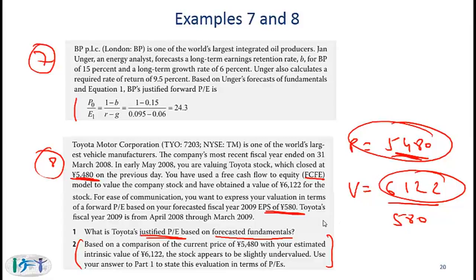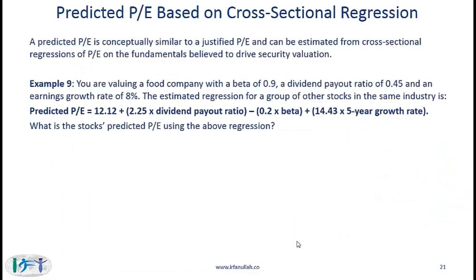The point being emphasized in this example is that stating in terms of PEs or stating in terms of actual prices, there are two ways of doing the same thing. They are equivalent. So if you say that the justified fundamentals based PE is high relative to the actual market PE, then that also implies that the stock is undervalued in the market. So that is the point being made.